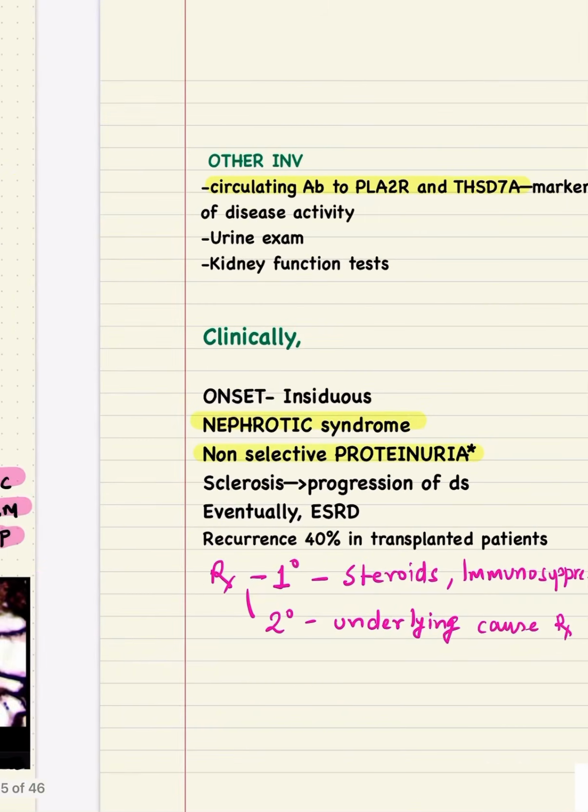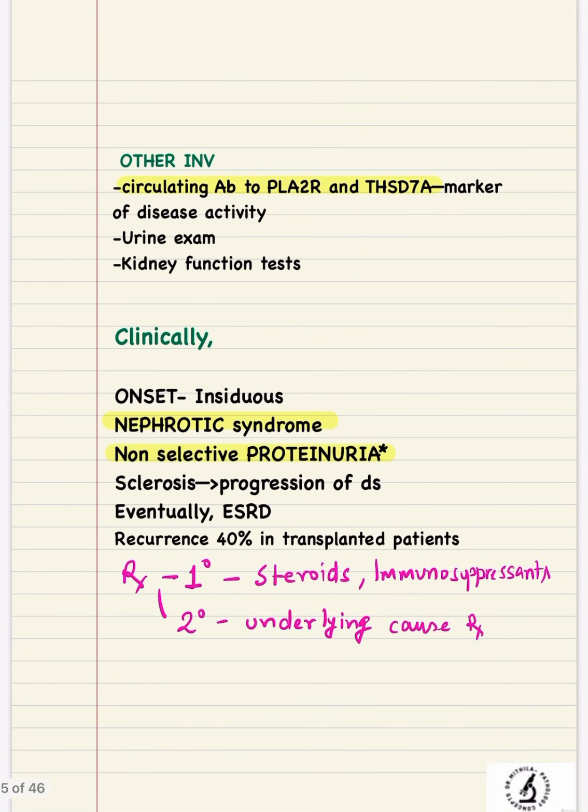Amongst the other investigations, in the blood we can detect the circulating antibodies to PLA2R and THSD7A. This is a marker for the disease activity, can be used for diagnosis and can be used for monitoring of the disease. Then urine examination will help to detect the proteinuria.